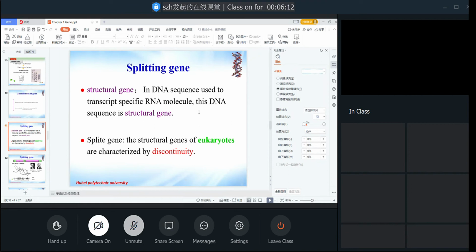Maybe some students think, except the coding sequence, does the gene include other kinds of sequence, yes or no? Yes.